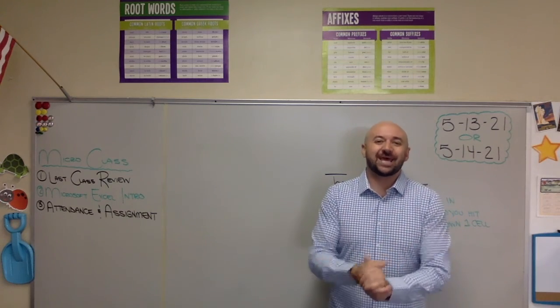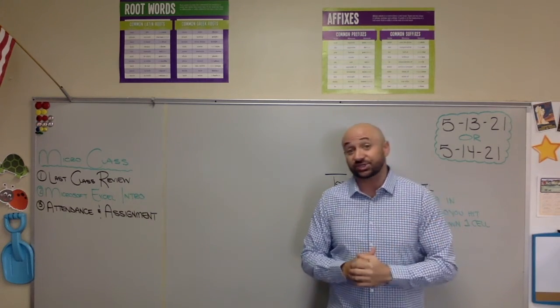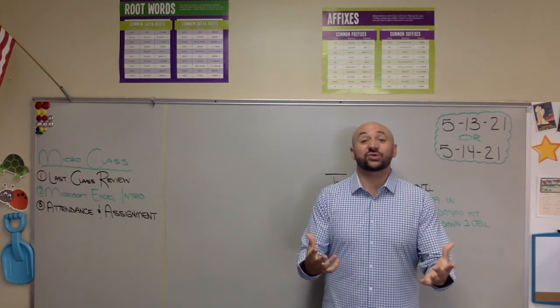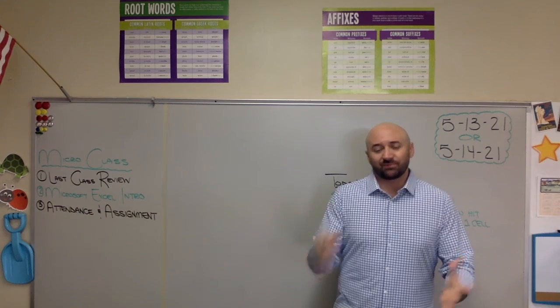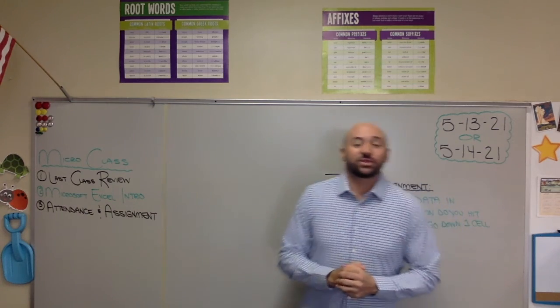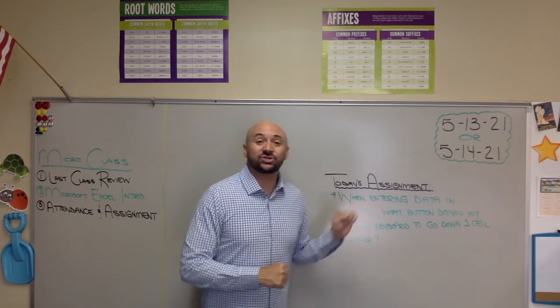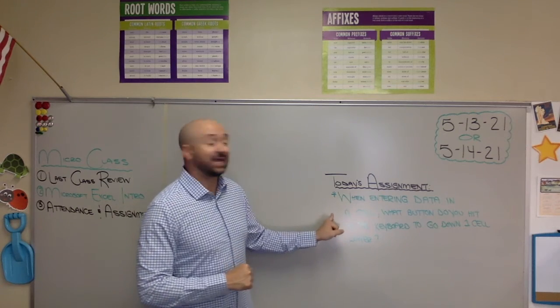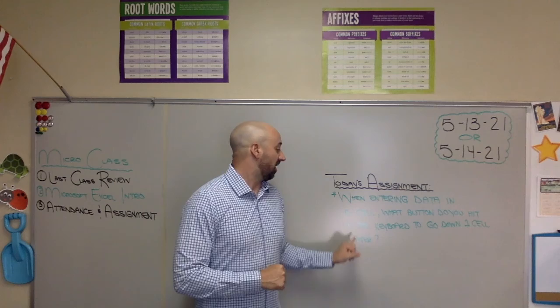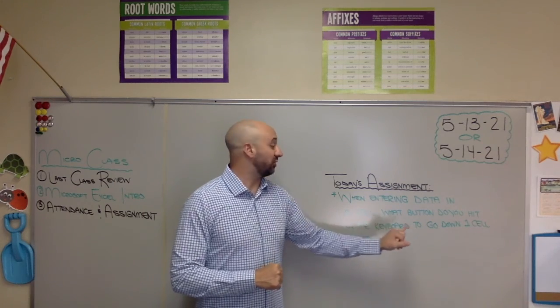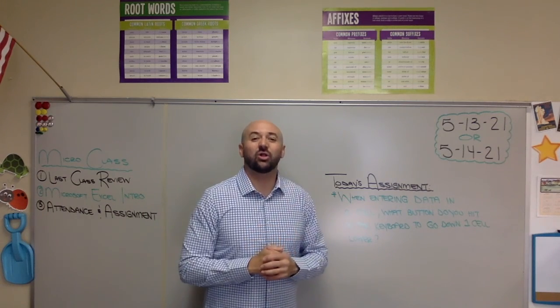What's your assignment today, my friends? I told you to pay attention to that video because I was going to ask you an attendance question based on the video. The question's very simple if you were paying attention. The question is, when entering data in a cell, what button do you hit on the keyboard to go down one cell lower?